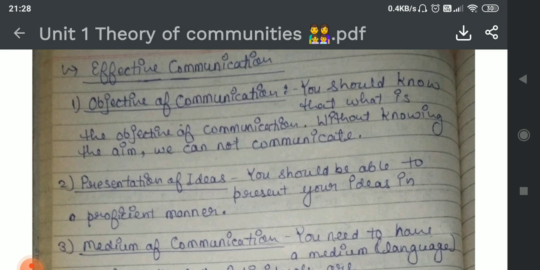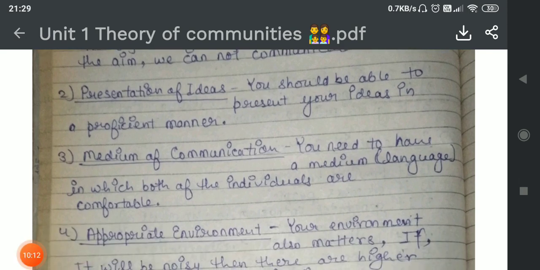Even in a friend circle, suppose you went into your friend circle and they are already talking about something, so you'll definitely want to know what is going on. Then they'll tell you, okay, this is going on. Then you'll come to know about the topic or the aim of that communication, and then you'll take participation. If you go straight away and start your own topic, that is something that you should avoid.